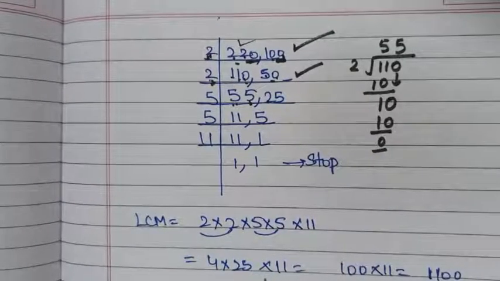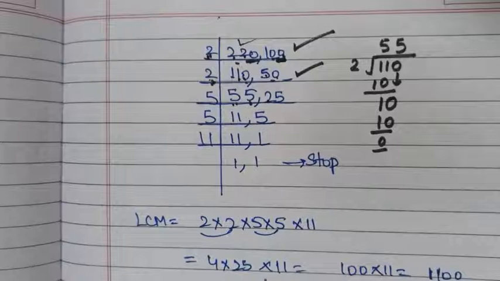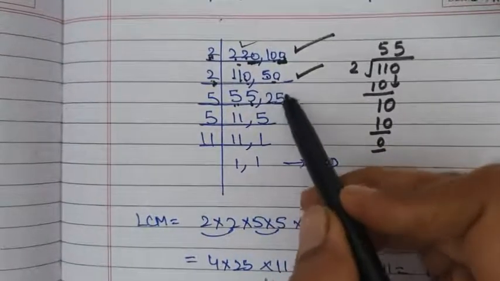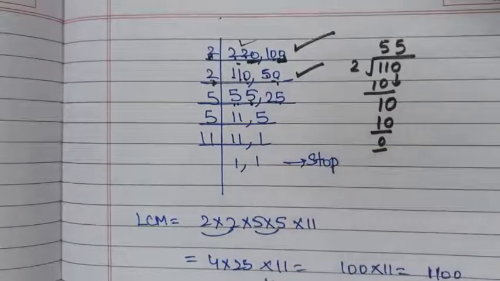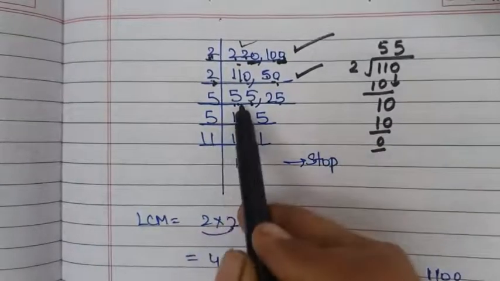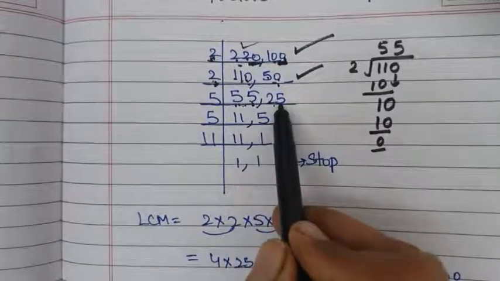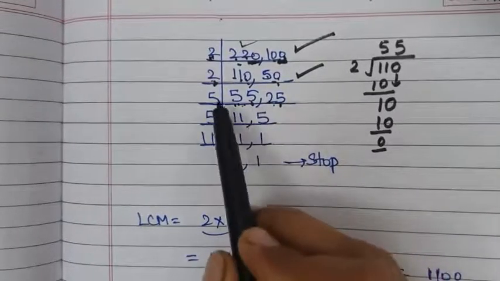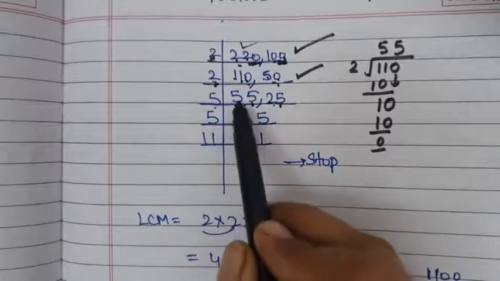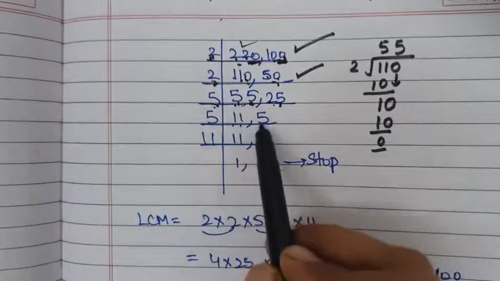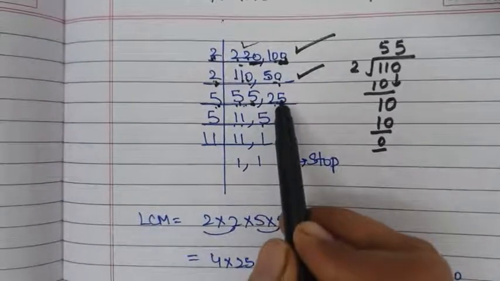Keep 1 in your mind as a remainder. 1 and 0 will become 10. Then 2 into 5 is 10. Now students, these two numbers are divisible by 5. So 5 1 is 5, 5 1 is 5, and 5 5 is 25.